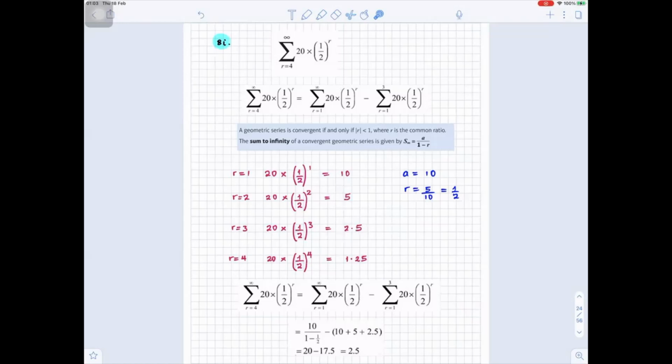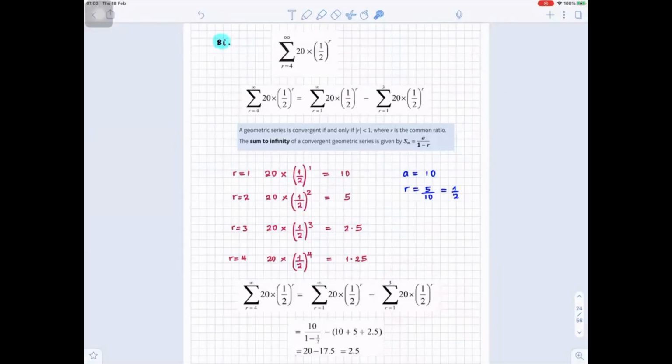When we substitute the values, sum to infinity using this formula here. So a is 10. A goes there. And the 1 stays there. And the common ratio is a half, which is that. Minus sum from 1 to 3.